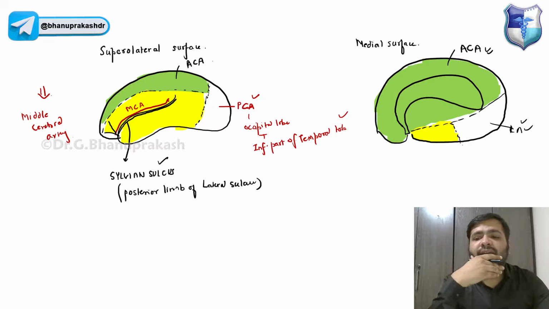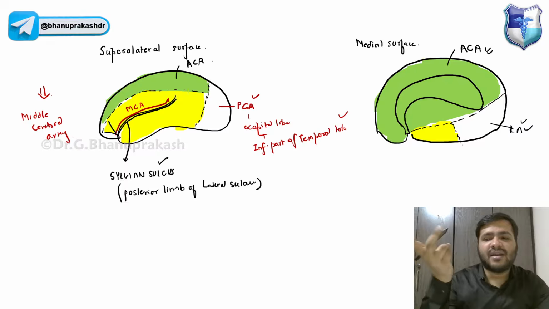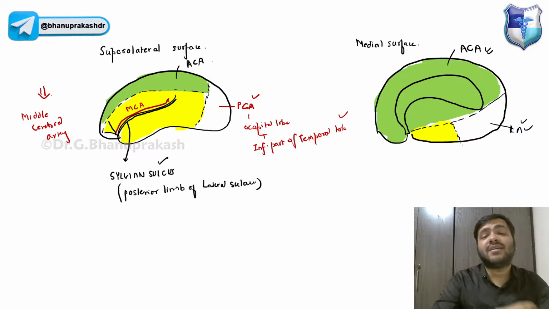Even, guys, in the subarachnoid hemorrhage, the rupture of the berry aneurysm is there. Intracerebral hemorrhage, we have the Charcot's artery. I've not discussed this Charcot's artery, which is also called the lenticulostriate artery, guys. We have already discussed the internal capsule yesterday, right?